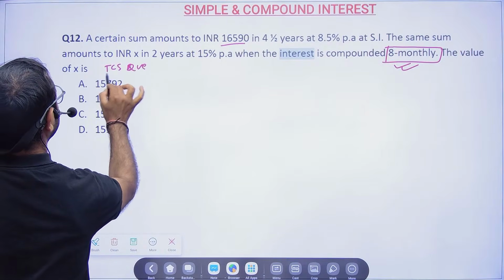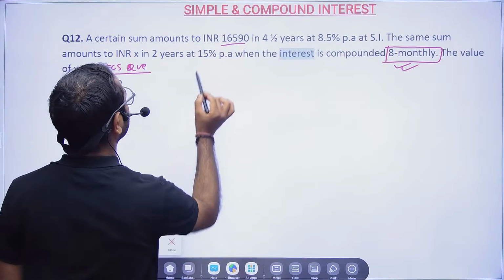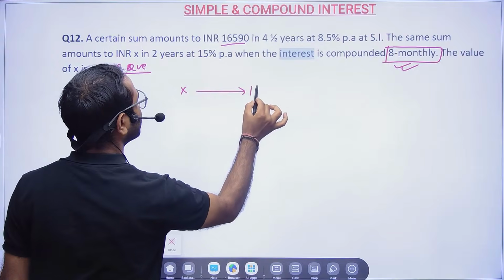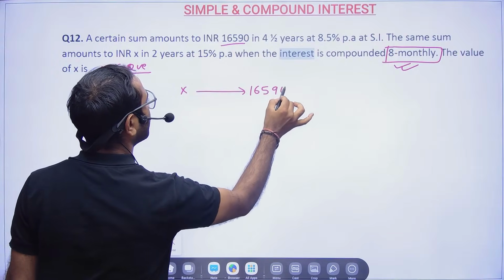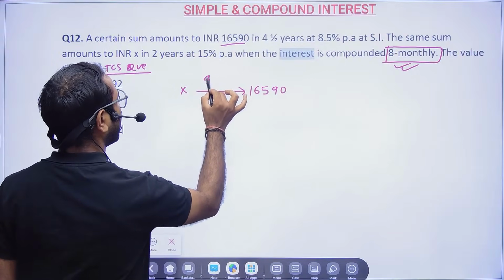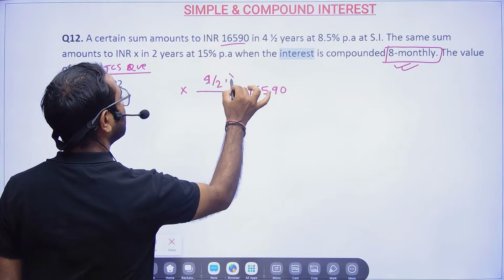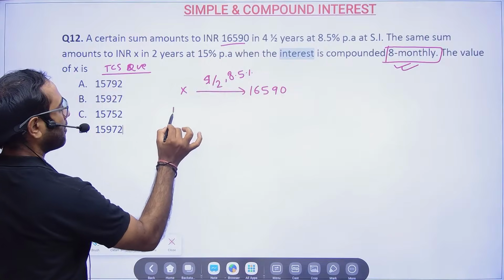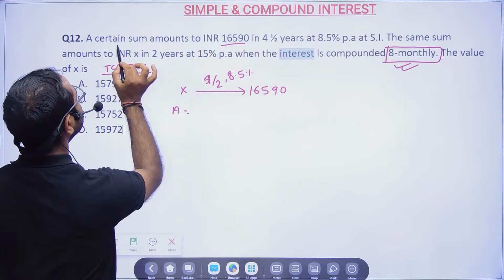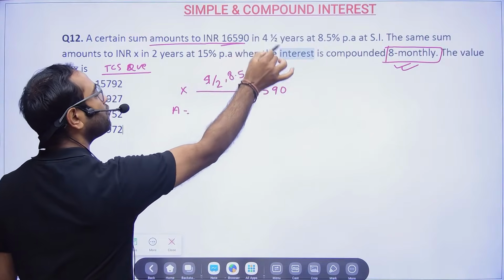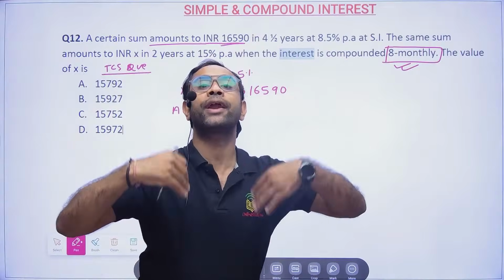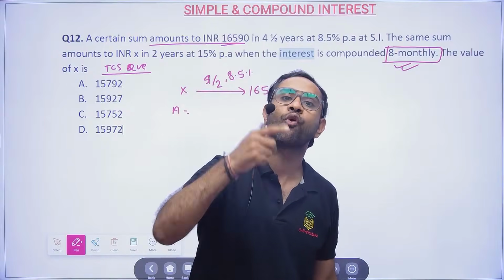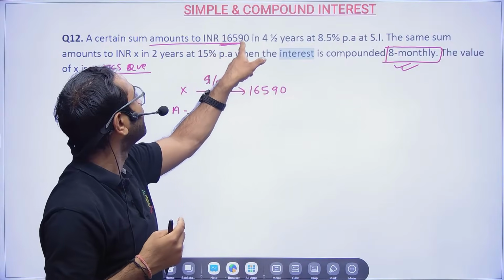Now let's see. A certain sum of P rupees becomes 16,590 in 4.5 years, that is 9/2 years, at 8.5 percent interest. So the amount is given. After 4.5 years, the bank will give you this much.